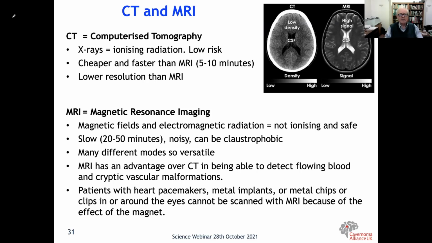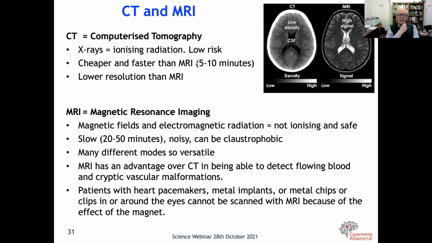We just talked about magnetic fields and coils, and you also have electromagnetic radiation. That's radio waves. They're not ionizing, so they're safe. And so MRI is a safe technology. It's slow. Most of you have probably had MRIs, 20 to 50 minutes for a scan. It's very noisy, and can be claustrophobic.